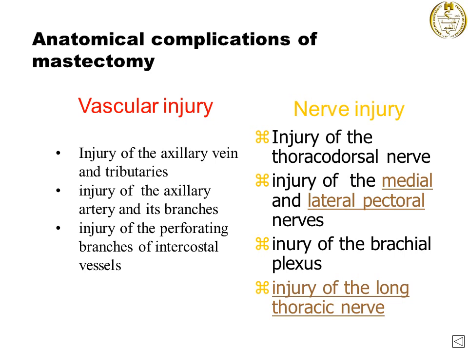Vascular injury: injury to the axillary vein and tributaries, injury to the axillary artery and branches, injury to the perforating branches of the intercostals. Nerve injury: injury to the thoracodorsal nerve, injury to the medial and lateral pectoral nerves, injury to the branches of the brachial plexus, and injury to the long thoracic nerve.